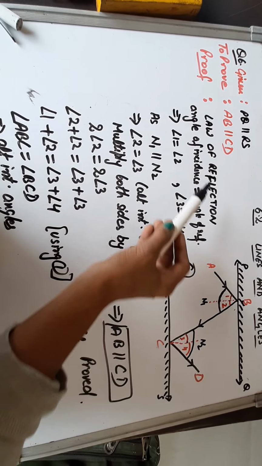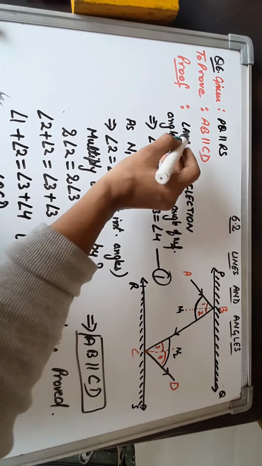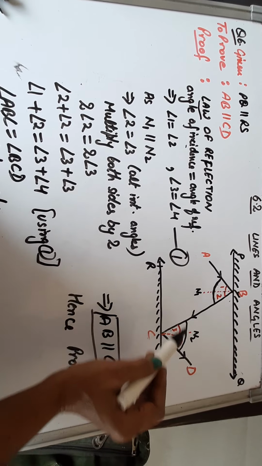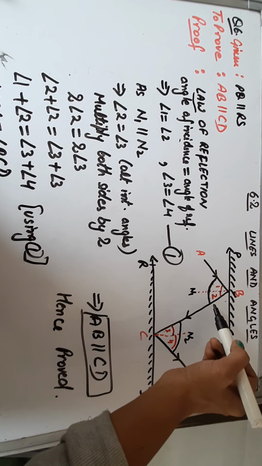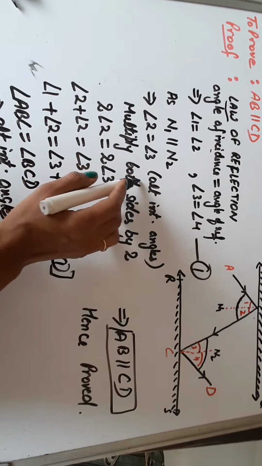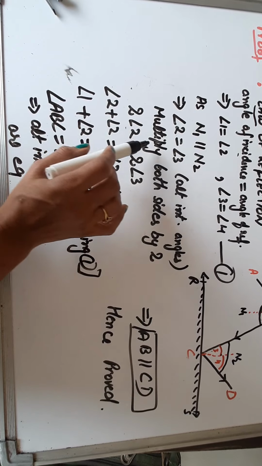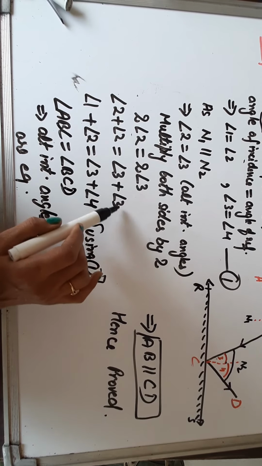Very first of all, we have used the law of reflection, that is angle of incidence is equal to angle of reflection. From here we get angle 1 is equal to 2 and 3 is equal to 4. And because these are the two normals, they will be parallel, so 2 is equal to 3. Multiplying by 2 on both sides, we can write angle 2 twice and angle 3 twice.